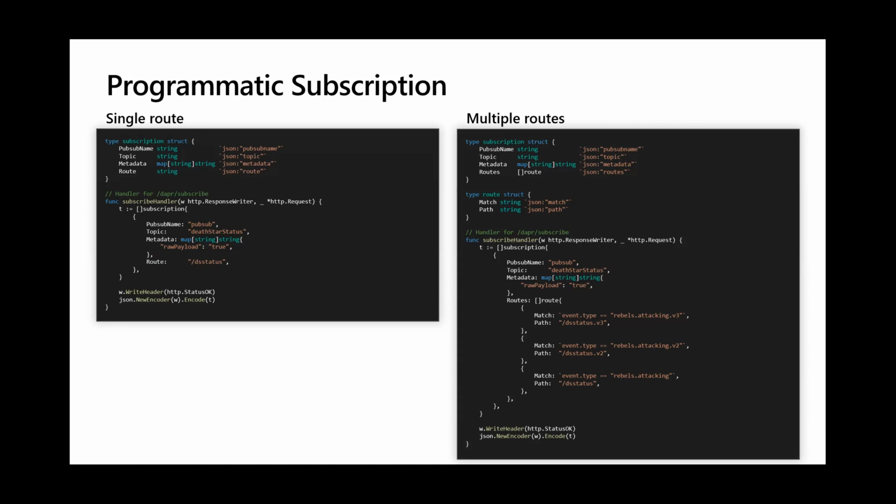So now the question becomes, how do we move to supporting multiple routes? Admittedly, it does become a little more complex, so you're defining a nested structure inside here. But it's pretty much the same as how it looked in the YAML example. There are multiple routes, each of them has a match that is a CEL expression, and they have a path.